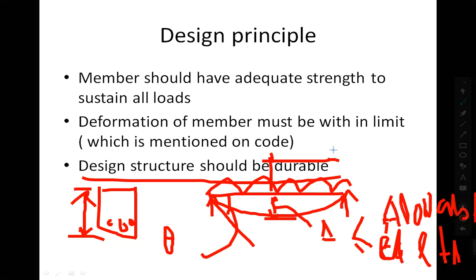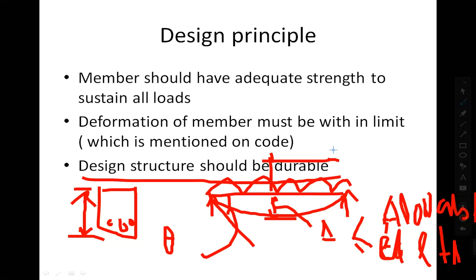I go to the next slide. This is the design reference code for RC construction, IS 456/2000.